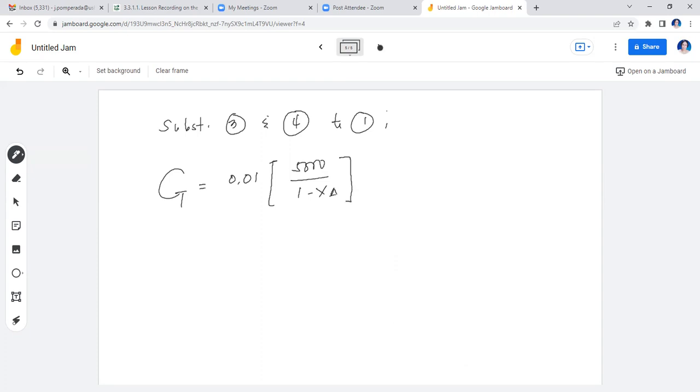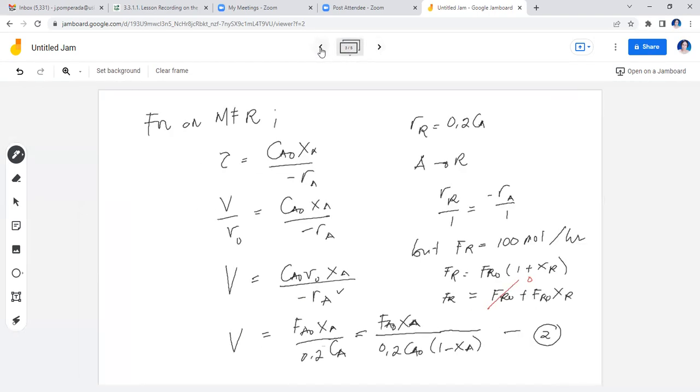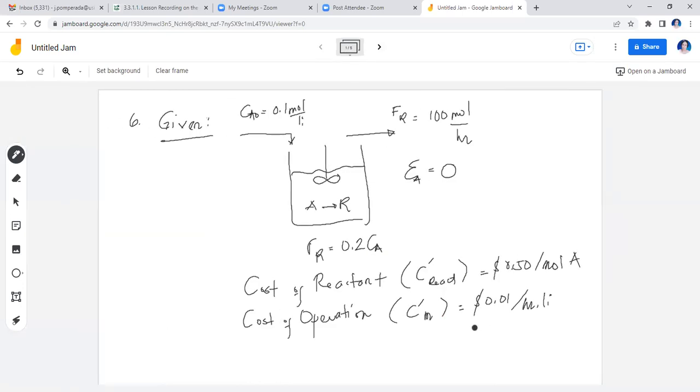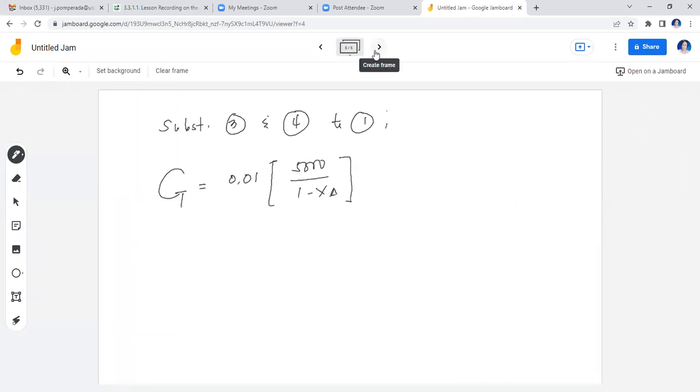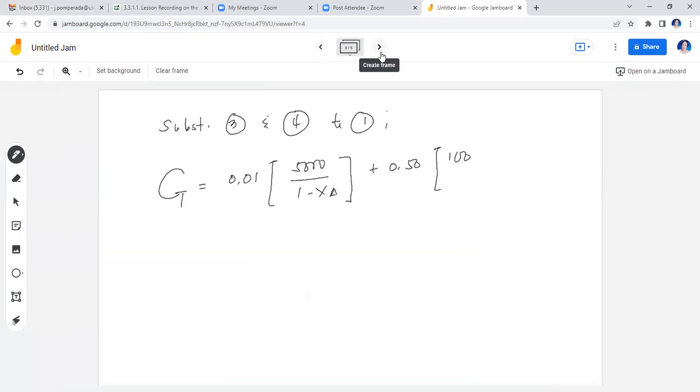So this is your C prime sub M, this is your V in terms of conversion. Okay, we go to the next term. The next term that we have in 1 is C prime react, which is the cost of the reactant, which is 0.50. So we'll have here 0.50. We multiply it with 100, the F sub R, our equation 4 over XA.